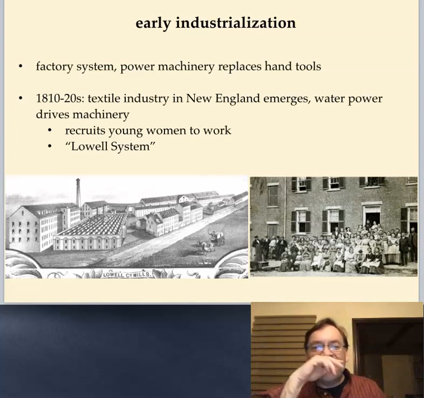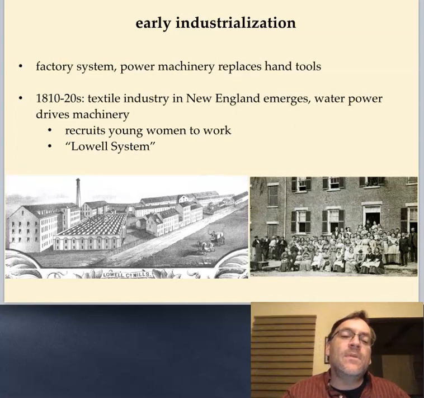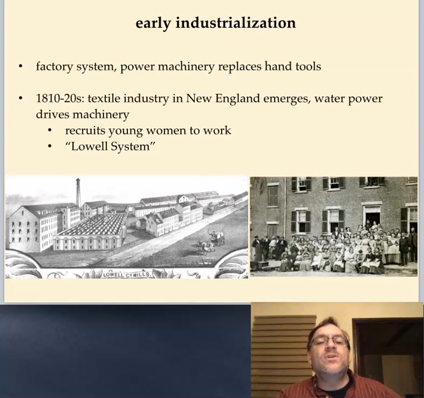And part of what happens in New England, it emerges in the United States in New England, they acquire, in some cases it's sort of industrial espionage in a way, some new textile machinery from England, from Great Britain. Again, this is the kind of machinery, industrial looms, where one worker can do the work of what it would have taken many workers to do before.